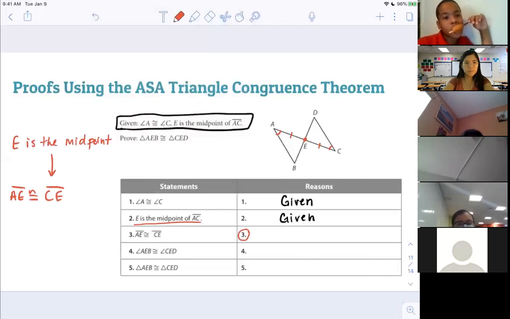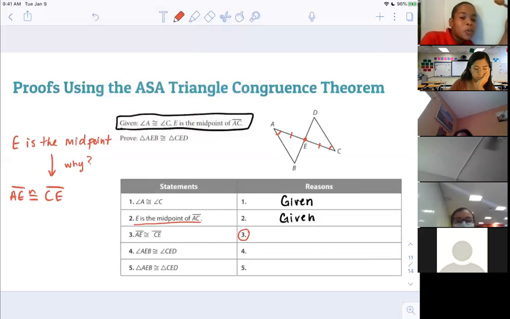Because of the line. Which line? I just took a look at the distance between A and C and assumed that it was an equal amount. You assumed. Like a mark?